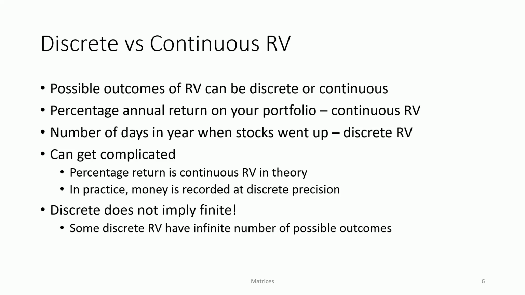So let's talk about the difference between discrete and continuous random variables. Possible outcomes of a random variable can be discrete or continuous. If you think of an example of a continuous random variable, maybe the percentage annual return of your stock portfolio.